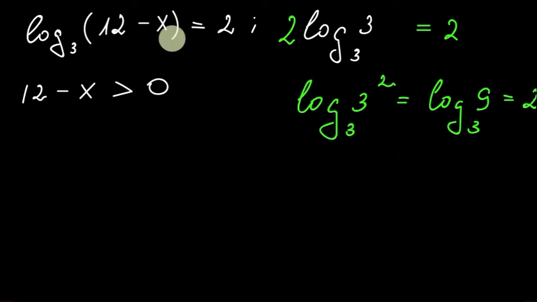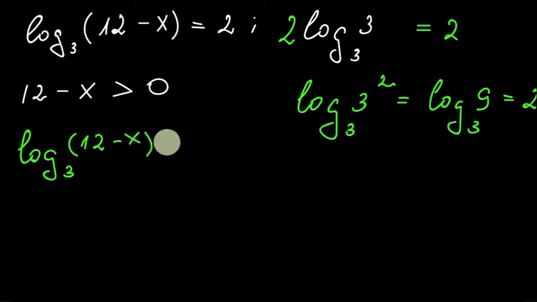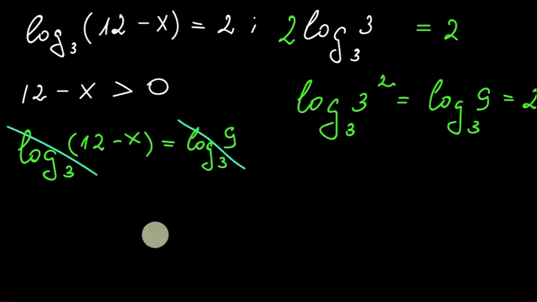Now let's write it here in our equation. So we get that logarithm base 3 of 12 minus x is equal to logarithm base 3 of 9. Now once we have logarithms with the same base on both sides, we can cancel our logarithms.